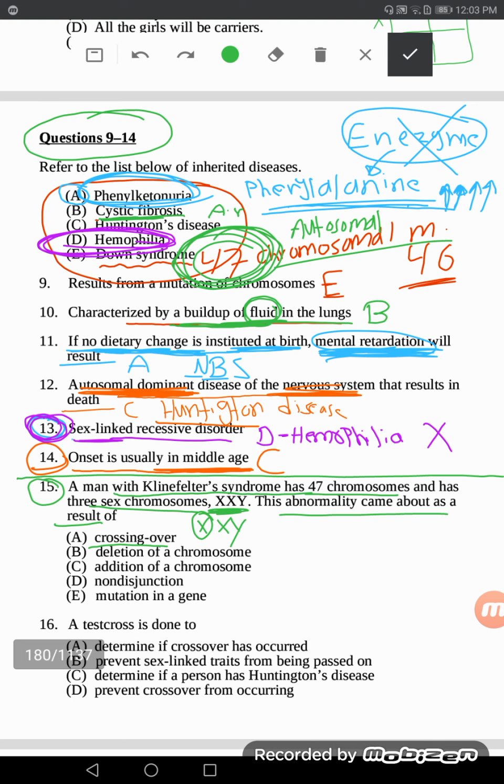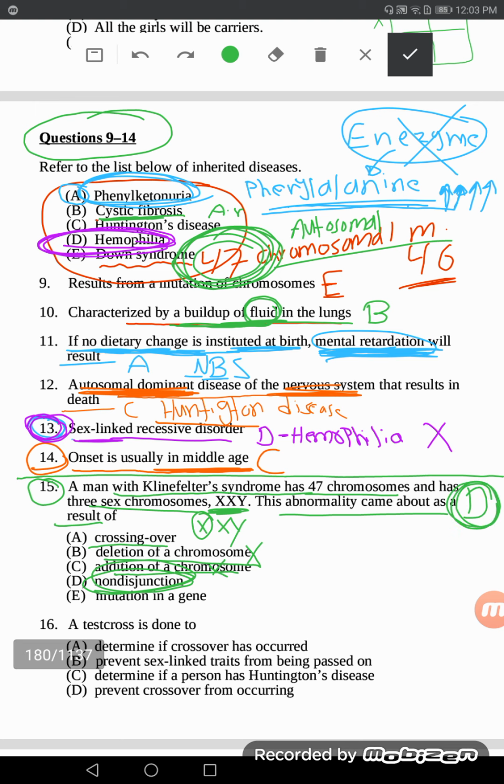Crossing over is the exchange of chromosomal segments that happens during meiosis 1. Is it from the deletion of a chromosome? It's not from deletion, it's from an addition of a chromosome, okay. We have an addition, but this is not the answer. This one results from non-disjunction, okay. So the answer for the question is D.